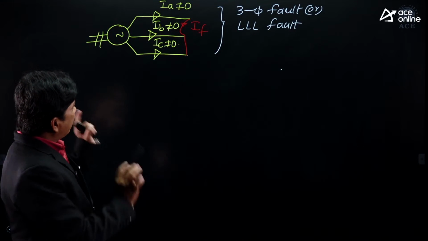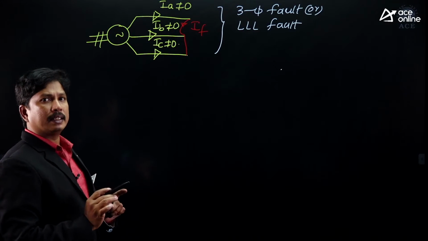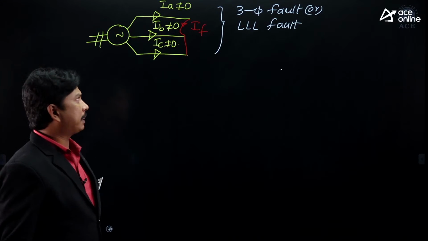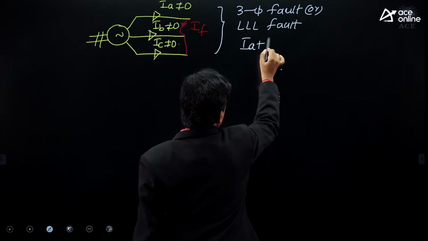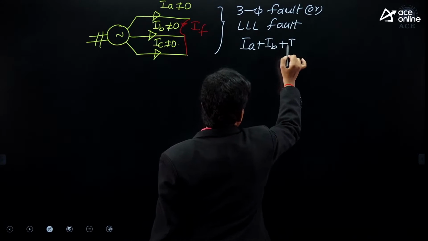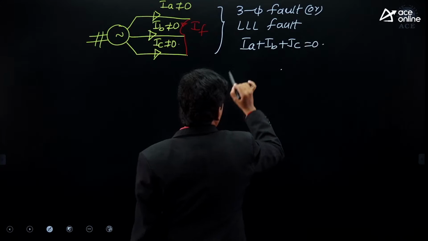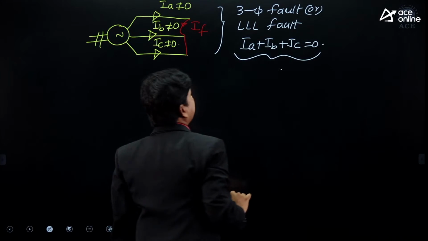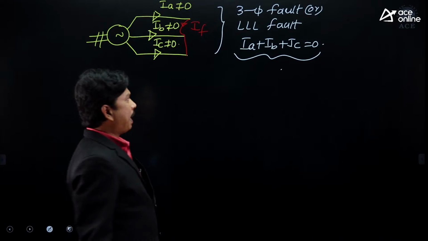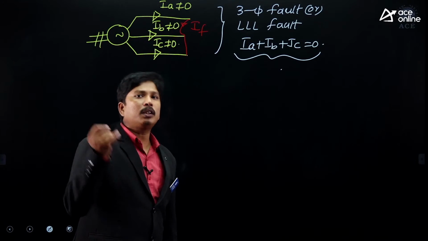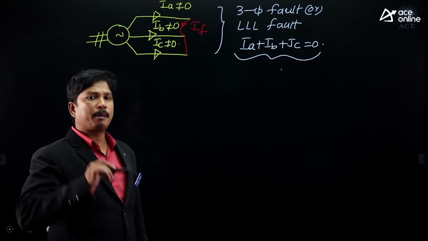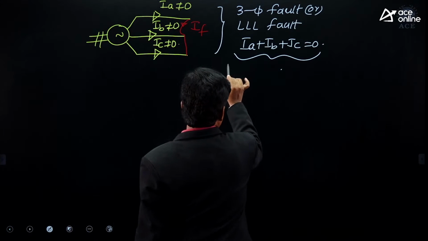As the three phases are involved in the fault, the sum of the currents IA plus IB plus IC is equal to 0, always. So this type of fault we can call a balanced fault. The system is operating under balanced condition only. Even though there is a fault in the system, the system is operating under balanced condition.